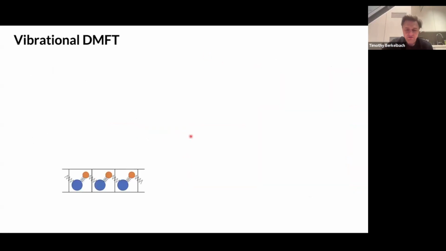Okay, so as a cartoon picture of what this looks like, here I have a crystal of atoms. They are interacting with one another, and oftentimes we think of that as being atoms connected by springs. As usual, I will recognize that in a periodic system, I can arbitrarily partition and make one unit cell special. I call it my system. The rest of the unit cells in the crystal will then define a bath.